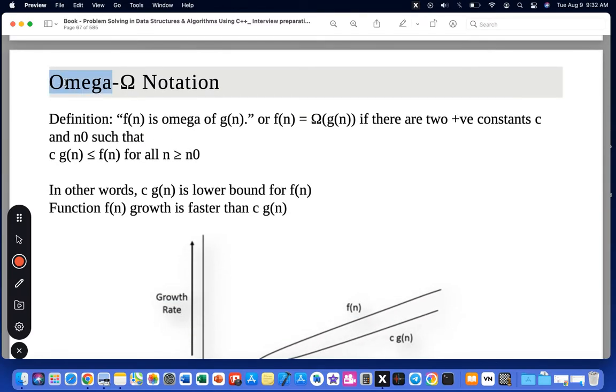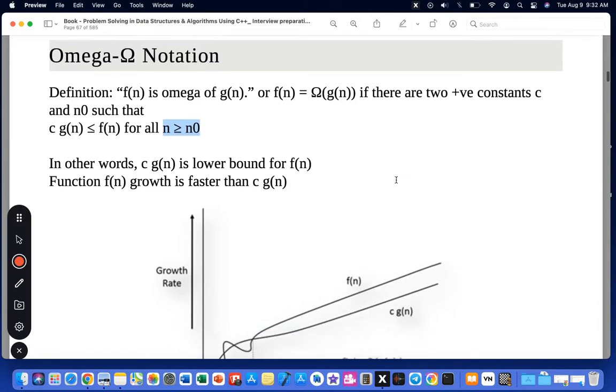Omega notation. This is the definition. f of n is omega of g of n if there are two positive constants c and n0 such that c times g of n is less than or equal to f of n for all n greater than or equal to n0.